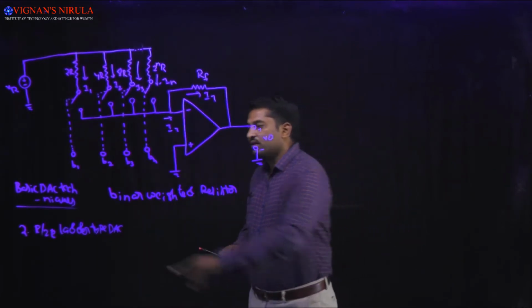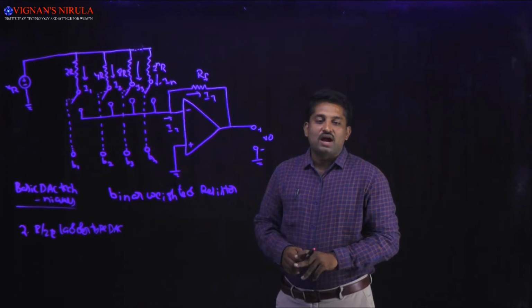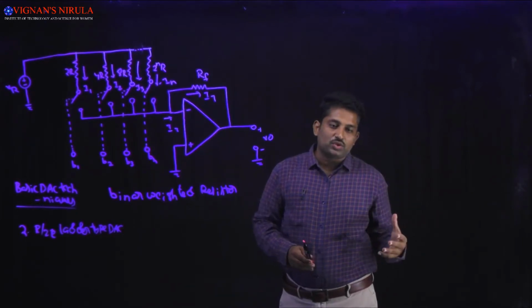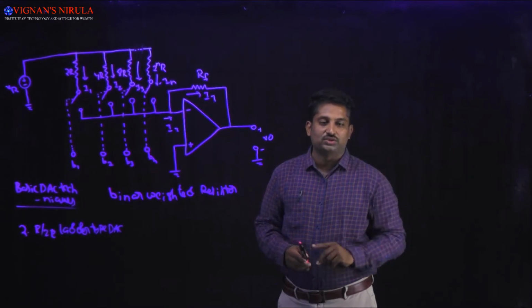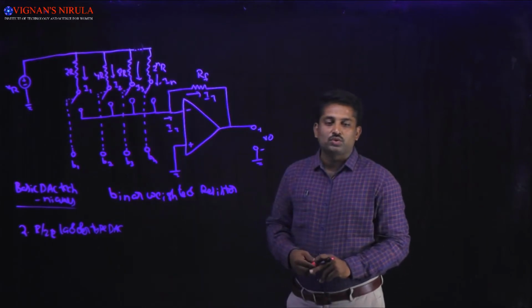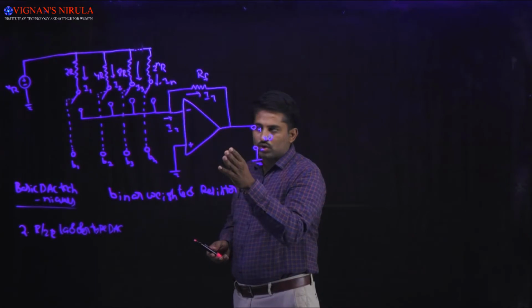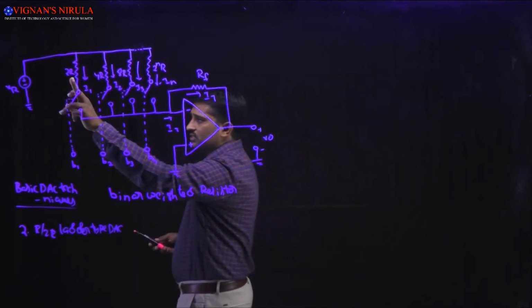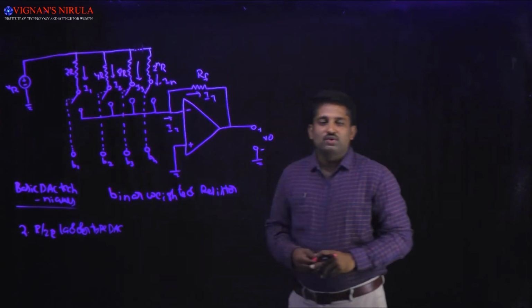Now, what happens whenever the binary input is equal to 1, and what happens whenever the binary input is equal to 0? We have to know these two conditions. First, whenever the binary input is equal to 1, the switch is closed and the resistance is connected to the reference voltage VR.